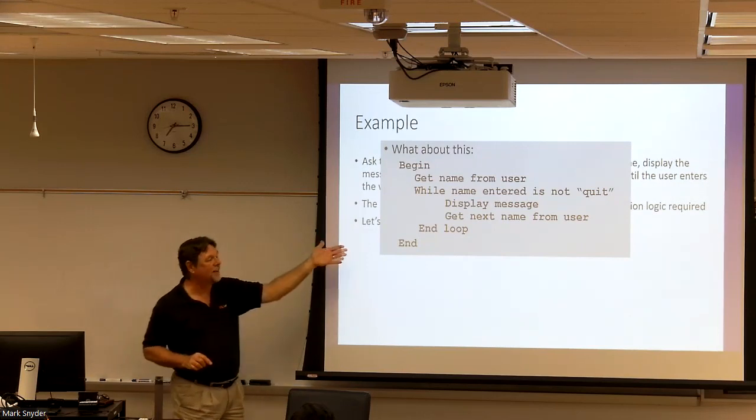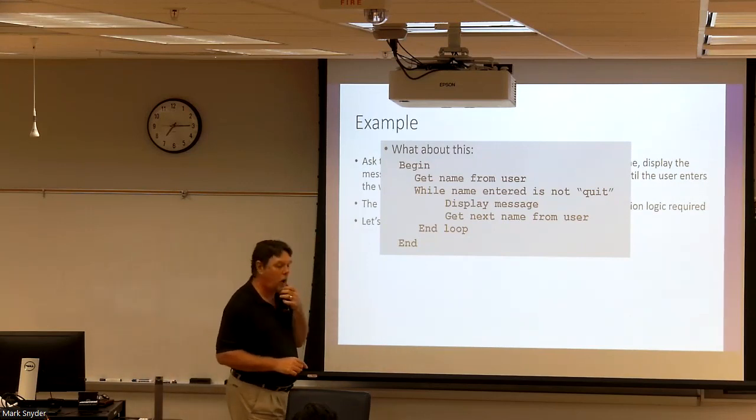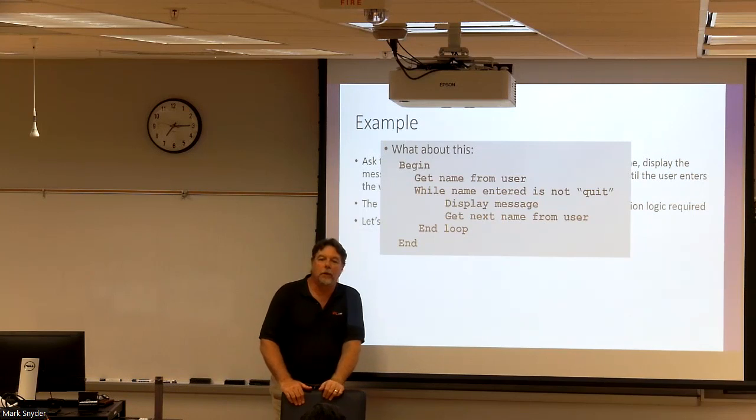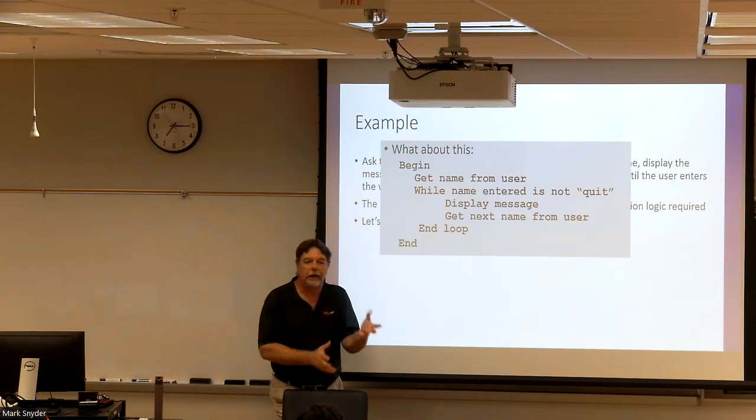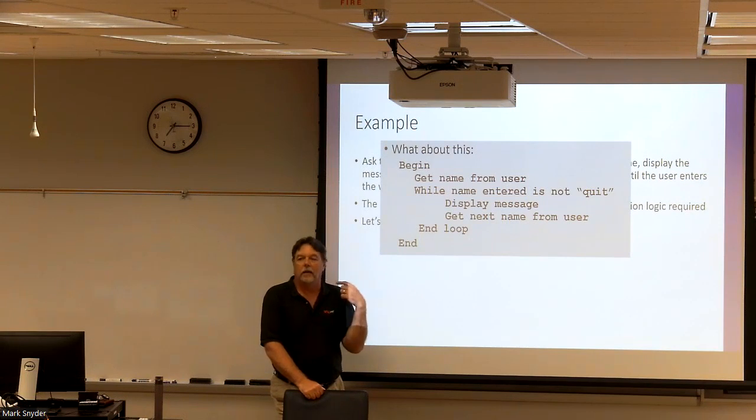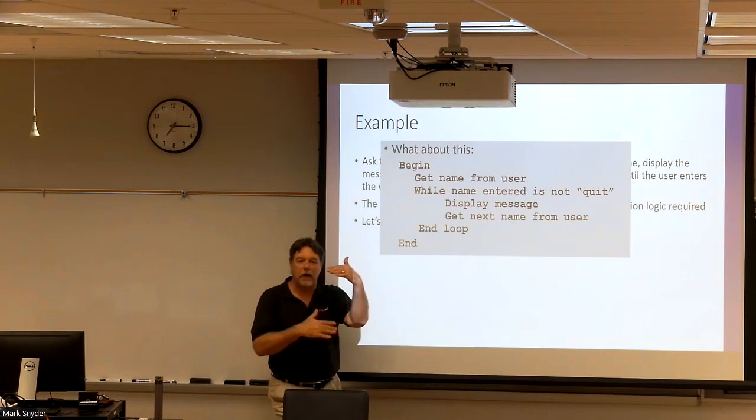So you're going to see this a lot because from now on, even if it's a simple problem like we've been doing, like, hey, add these things up and calculate them, or calculate the discretionary income based on these wages, whatever, I'm probably going to start adding, keep doing it until they enter quit. That way you can wrap the whole program inside this logic that says just keep going.